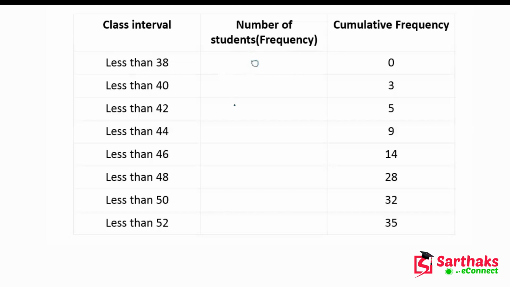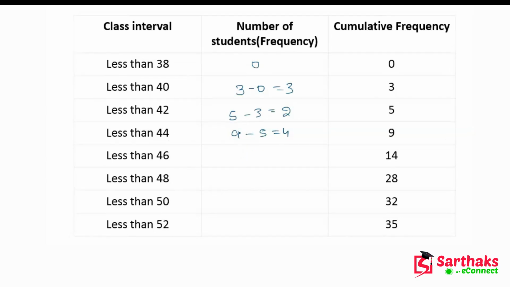This is 0, we all know. This is 3 minus 0. We have to subtract the preceding cumulative frequency. This gives 3. This is 5 minus 3, which is equal to 2. 9 minus 5 is equal to 4. Then 14 minus 9 is 5.